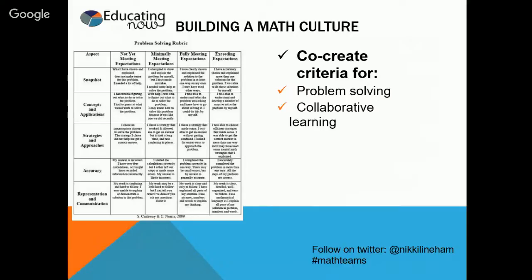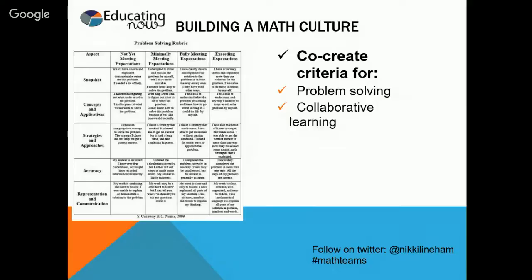I do give you a rubric in the course that is from Math Expressions. You could look it up yourself too. It's a really nice rubric for the collaborative learning and what's important for the students. So this is their opportunity to really share with their peers and with us what they need in order to learn well together.